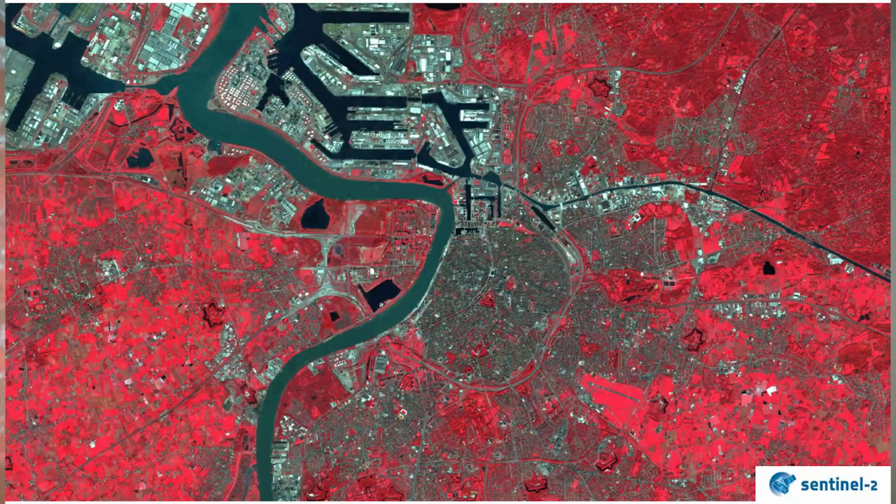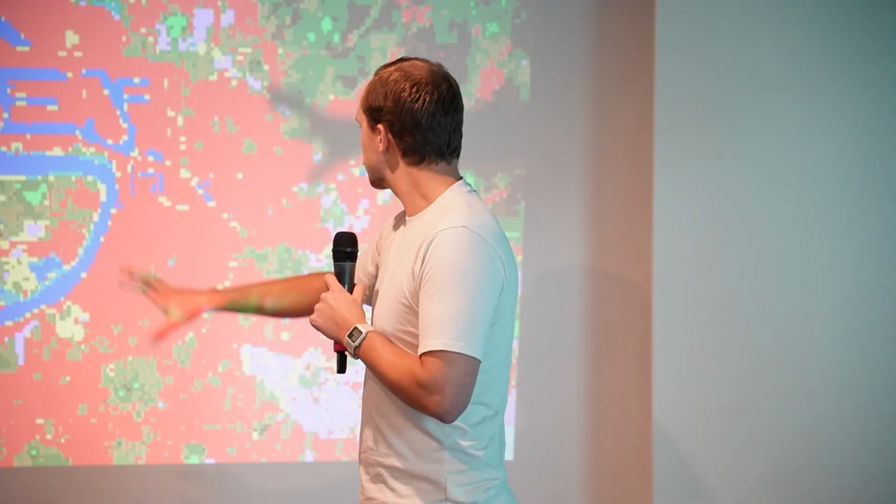To give a quick example of these previous products, this is a lovely city of Antwerp, where I was born and raised and love living still. It's a false color composite. And here in the center you see quite a lot of buildings. Unfortunately not a lot of green here represented by red. And we have the 100-meter resolution land cover. Can give you quite some information of what surrounds a city.